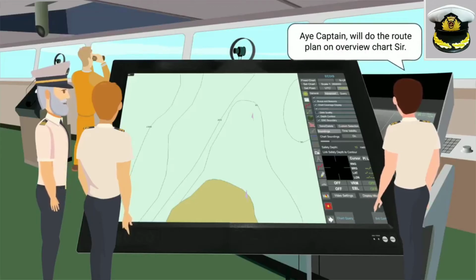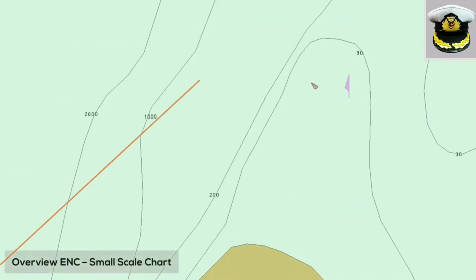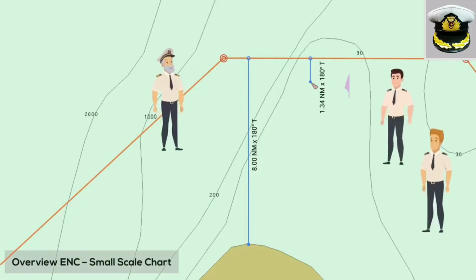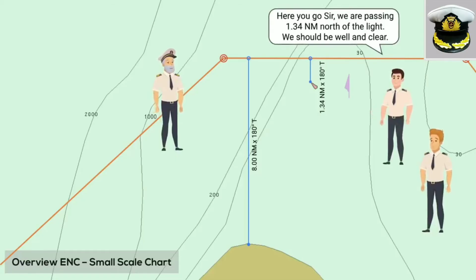Aye, Captain. We'll do the route plan on an overview chart, sir. Here you go, sir. We are passing 1.34 nautical miles north of the light. We should be well and clear.